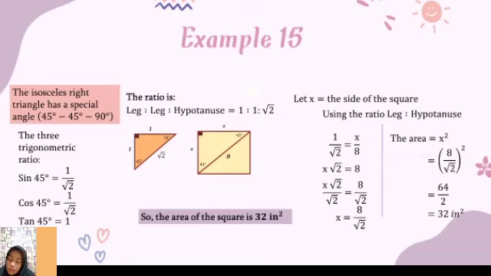The area equals x to the power of 2, so 8 over square root of 2 to the power of 2 equals 64 over 2, which equals 32 square inches. So the area of the square is 32 square inches.